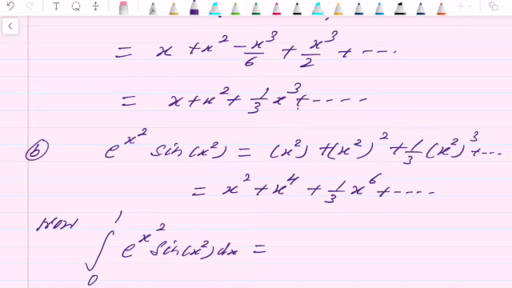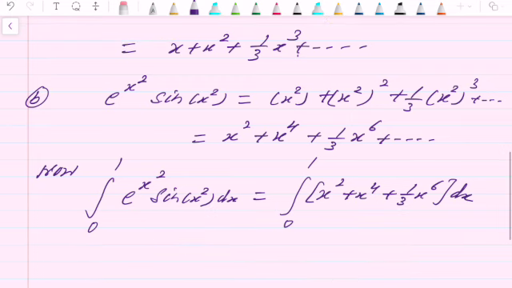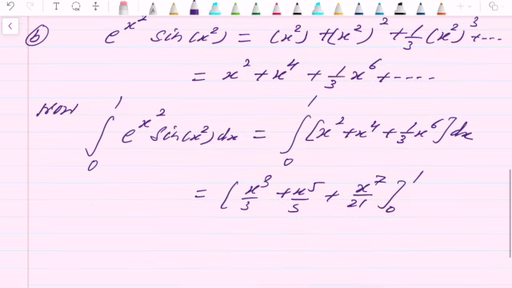So we integrate the right hand side of the above expression between the limits 0 to 1, x squared plus x raised to power 4 plus 1 by 3 x raised to power 6, and that is equal to x cube by 3, x 5 by 5 and x 7 by 21, limits 0 to 1, plug in the limits.